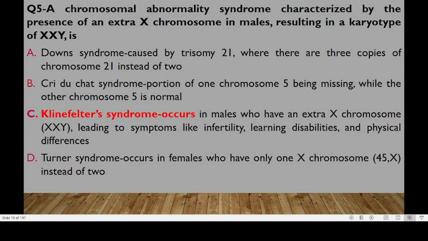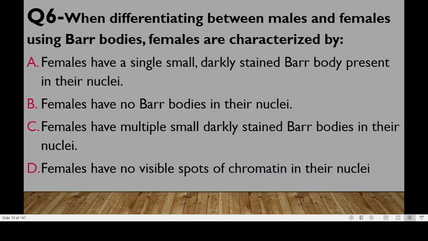Turner syndrome, on the other hand, occurs in females who have only one X chromosome, giving it a karyotype of X0, and that makes someone have 45 instead of the normal 46 chromosomes.